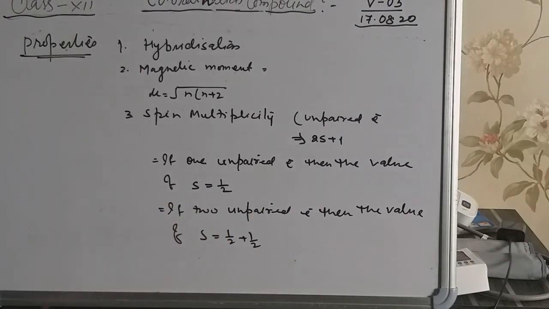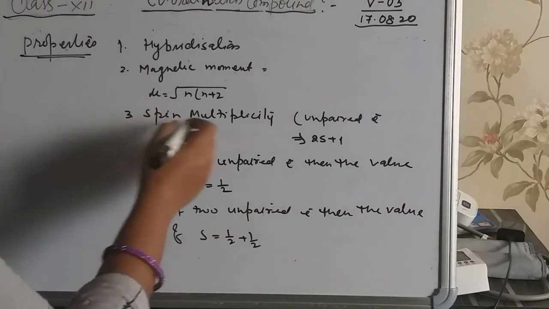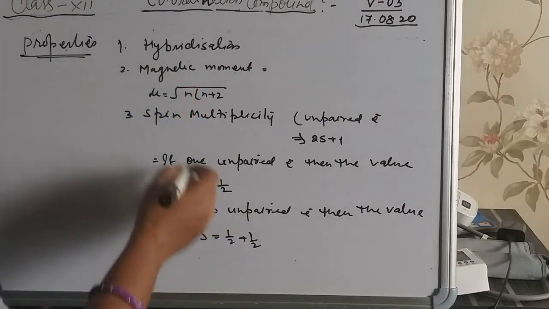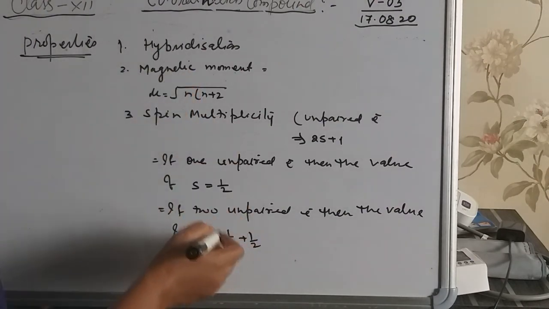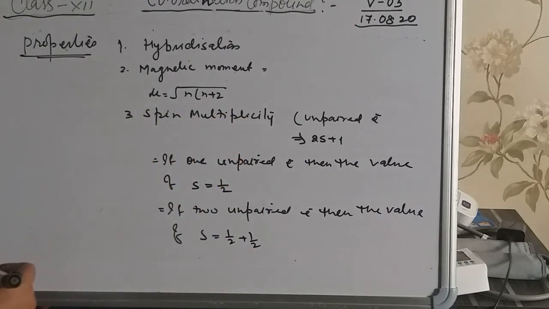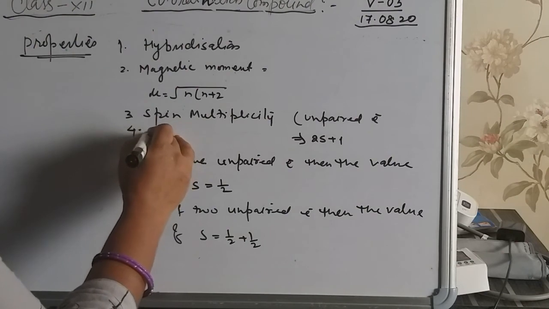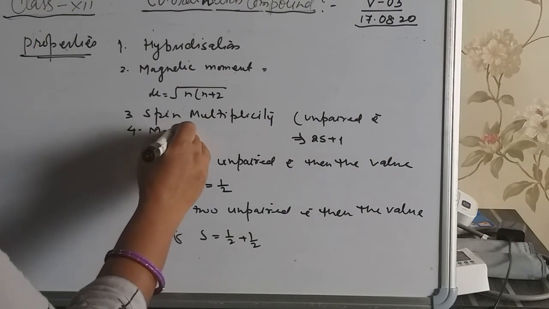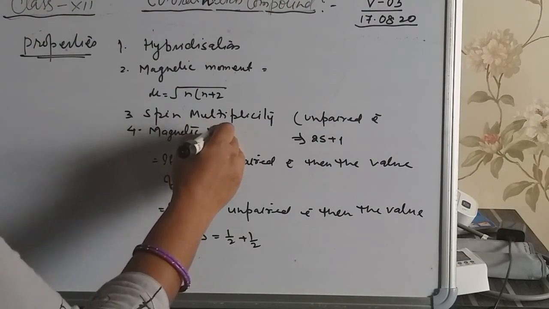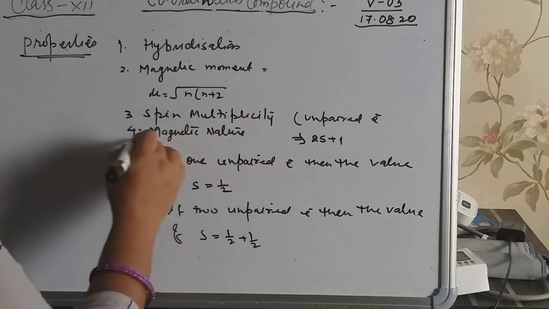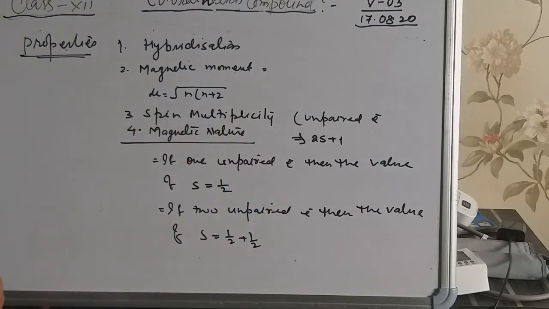In this way you can calculate the number of unpaired electrons and the spin multiplicity of the complex. And next one is number 4, magnetic nature. On the basis of presence of unpaired electrons, you can find out whether the given complex is paramagnetic or diamagnetic.